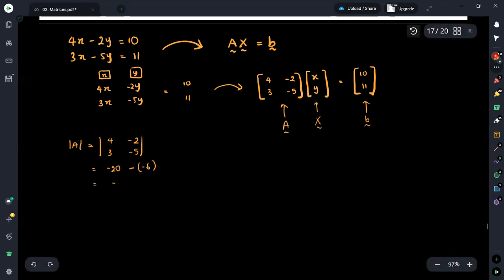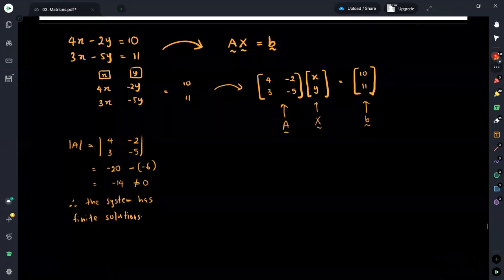Now you can see that the value is equal to -14, which is not equal to 0. Therefore, we can say that the system has finite solutions. Once the system has finite solutions, we can move on to the calculation of these solutions.